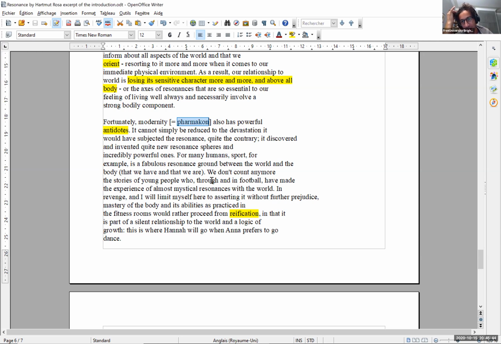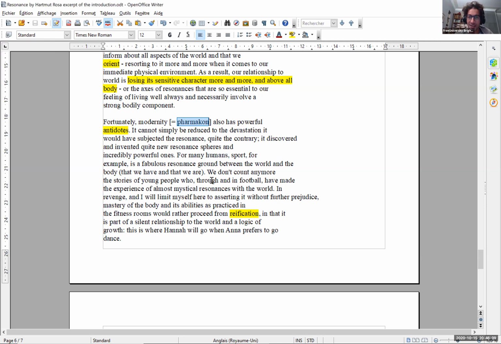It's in Plato's dialogues, and it became famous thanks to Derrida, who said a pharmacon is something such as writing, which is at the same time a poison and an antidote, a good and a bad thing, a good and an evil thing.